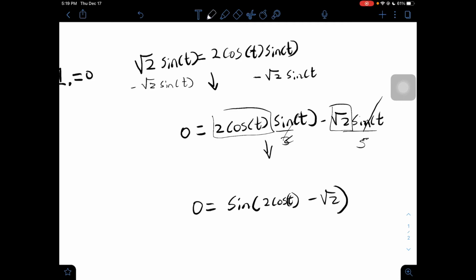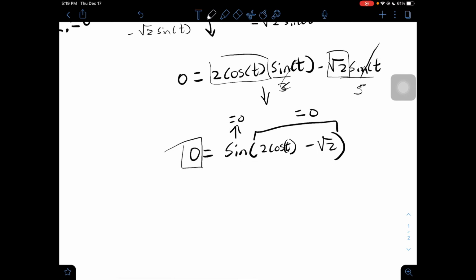Now, what we're going to do is set this sine equal to 0, and this parentheses equal to 0, because this whole equation equals 0. So we know that now sine equals 0. Using this, we will refer back to our unit circle and look for when sine is 0.